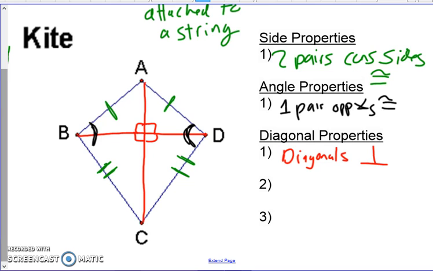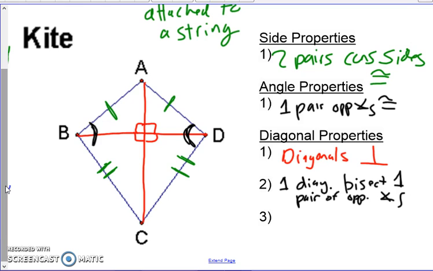For other diagonal properties, one of the diagonals will bisect one pair of opposite angles. The way I usually remember this is if you look, B and D were the congruent angles, so the angles that are going to be bisected are the other two.